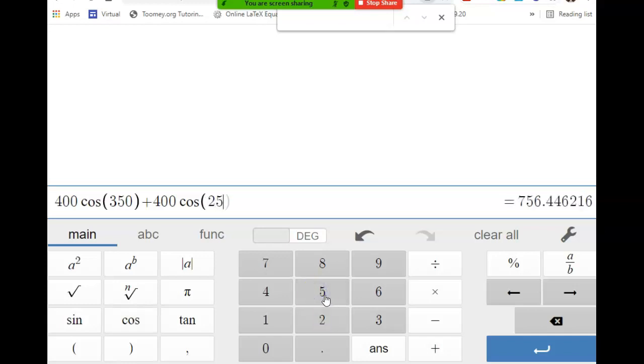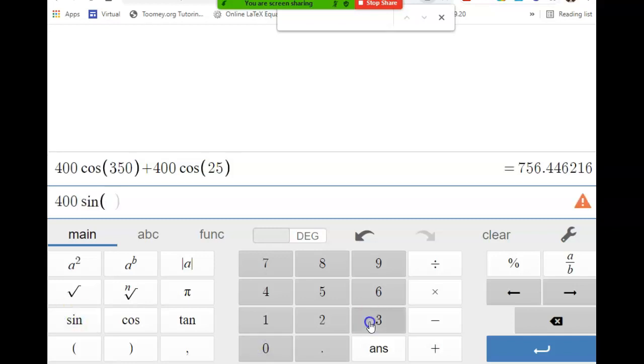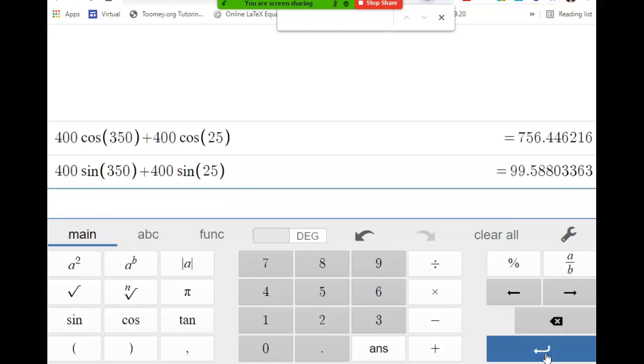So those are my two x components that I just added together. Then I'm going to go ahead and do my y components. 400 times the sine of 350 plus 400 times the sine of 25. Okay, add the x and the x, the y and the y.